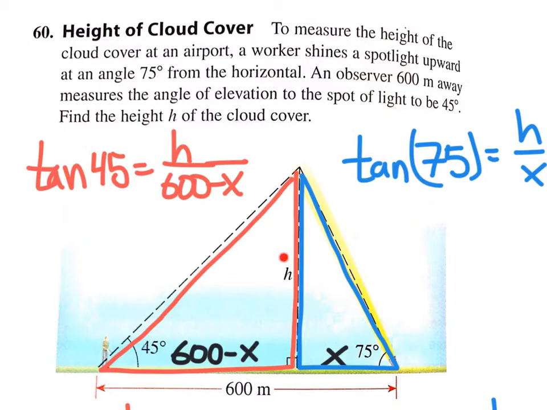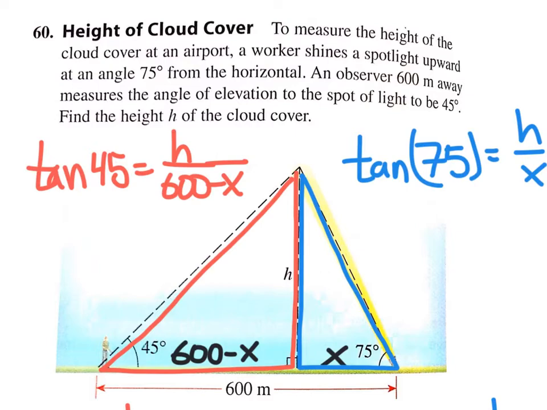I tried to color code. The right triangle over here is in red, where the tangent of 45 degrees is opposite over adjacent. And in blue, the tangent of 75 degrees is opposite over adjacent. Two equations, two unknowns, we can solve it.